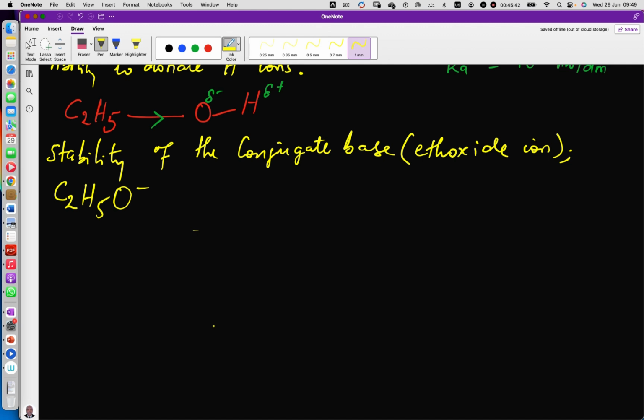Why do I say that? Because the alkyl group intensifies the negative charge on the oxygen atom and gives the ethoxide ion a high ability to accept a proton. Bases are proton acceptors. So it makes the ethoxide ion more basic than the OH.